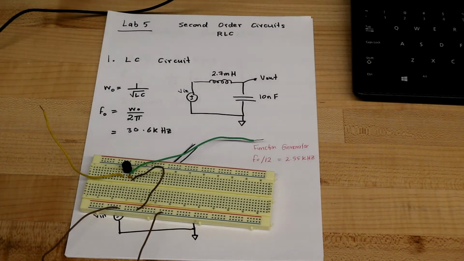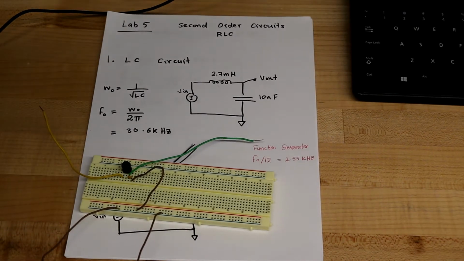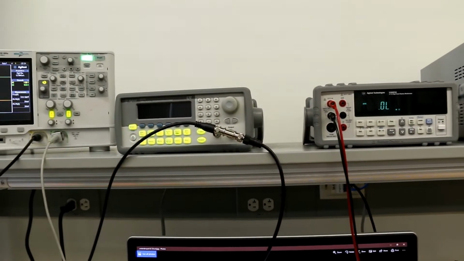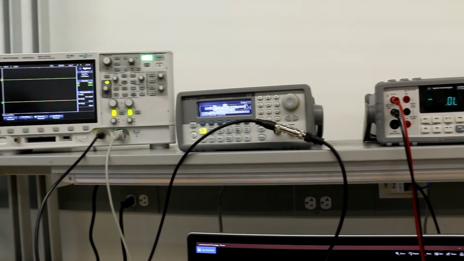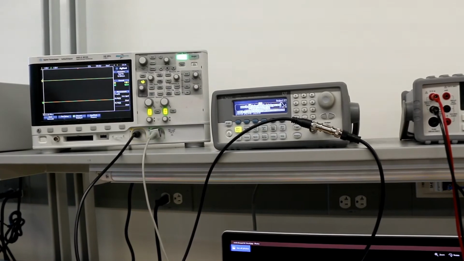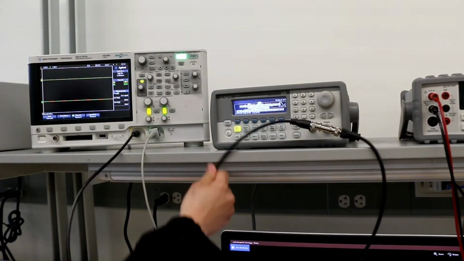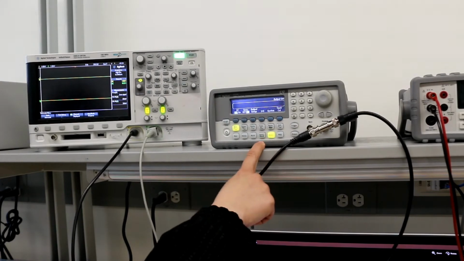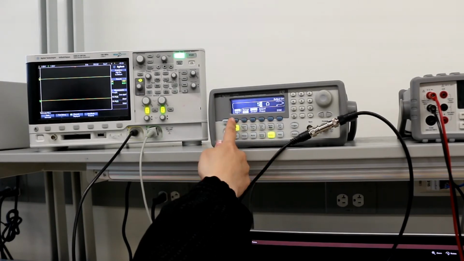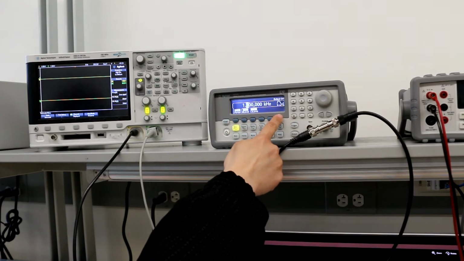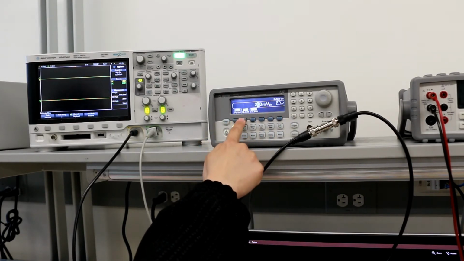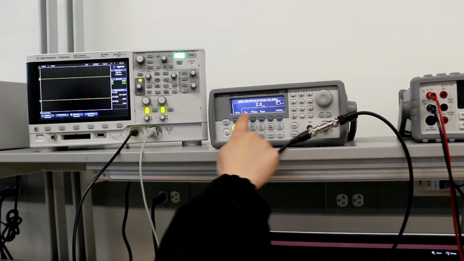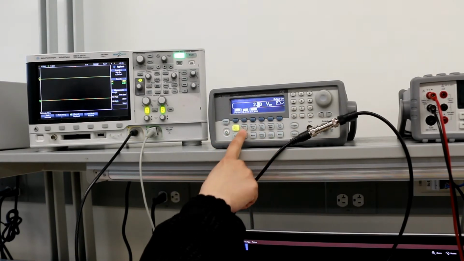So we'll be using the function generator. Here's the function generator. To set up the function generator, the first step is utility output setup, high Z. And for the amplitude, it's 2 volts peak to peak, and it's a square wave.